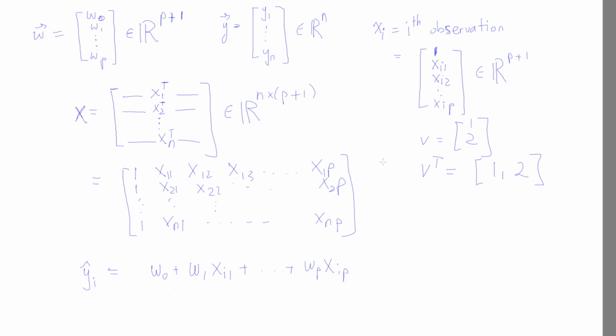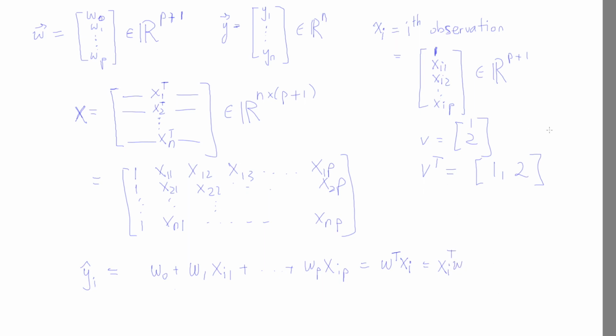Now how do I write this in a much simpler way? Well, this is just the dot product, or vector product, of W transpose and Xi. You can also write it as Xi transpose W. It doesn't make a difference; they're both the same thing.